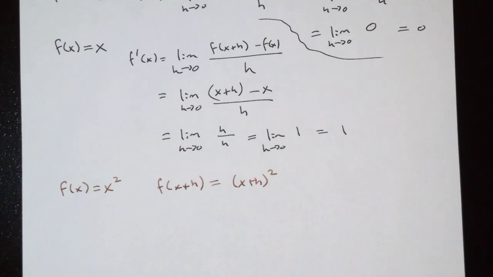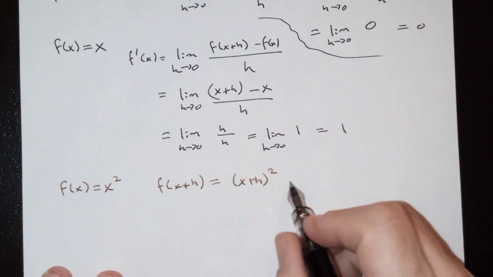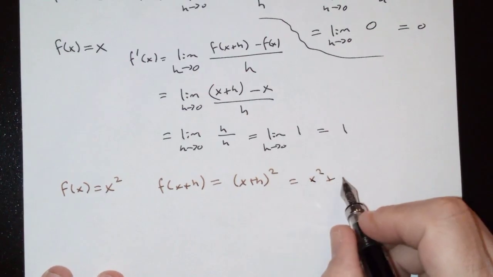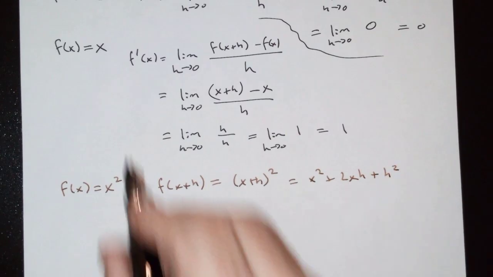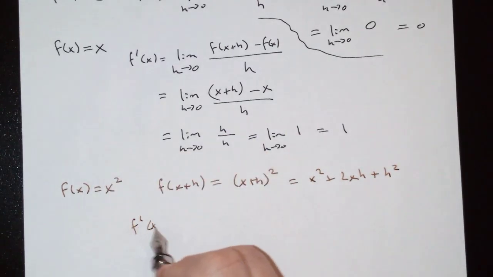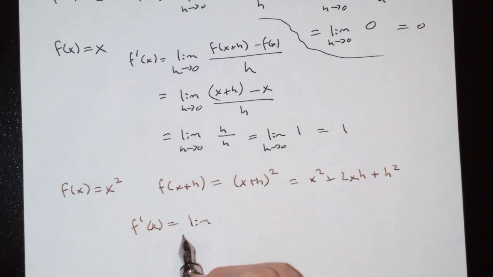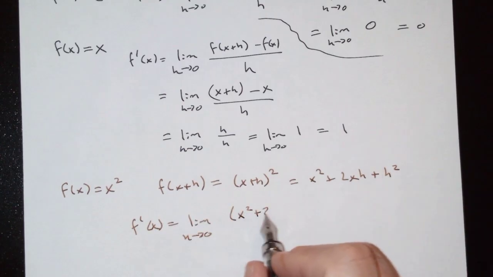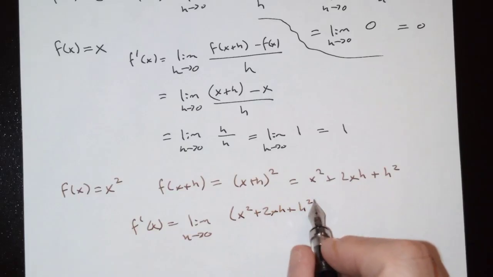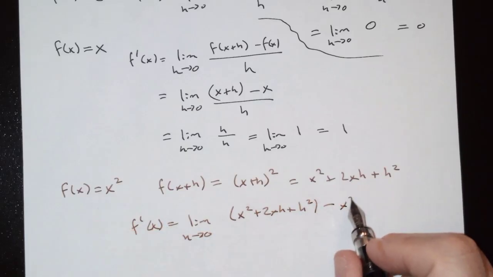What do you get? x squared, 2xh, h squared. So when I go to do my limit, this is the first part. This is the second part.